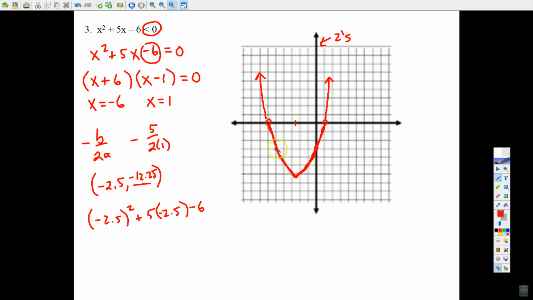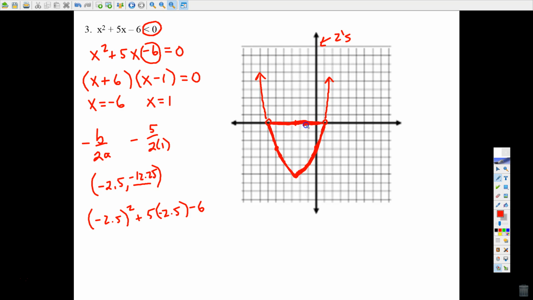For example, this point right here is negative 5, negative 3. Okay, negative 5 is one of the x's to go along with this one, and so forth and so on. All of the x's that are x coordinates for the graph in this part, this below the x-axis part, I'll just shade the x-axis to represent those.